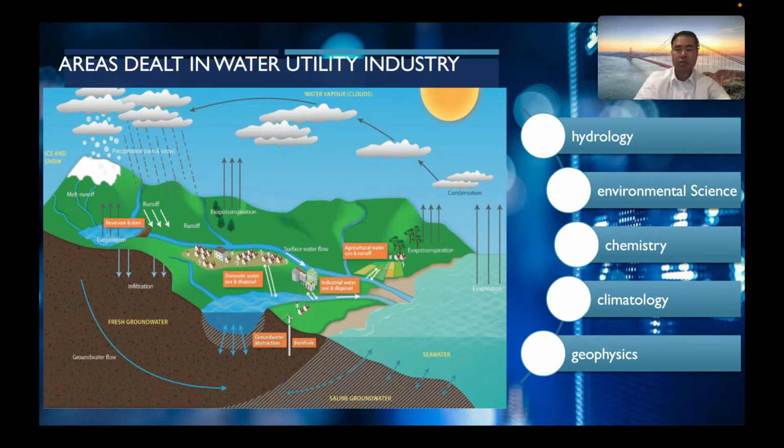The water industry also deals with CO2 emissions. It uses a lot of pumps to draw water from Northern California to Southern California. Most of the water is sourced in Northern California, and we need to draw it down to Southern California, where most of the demand is.